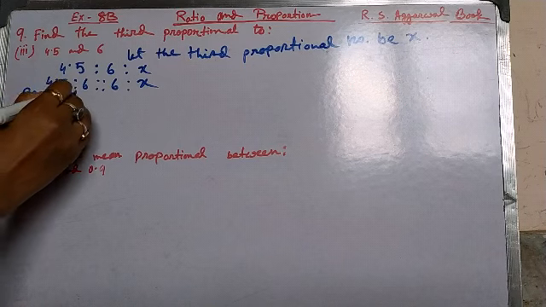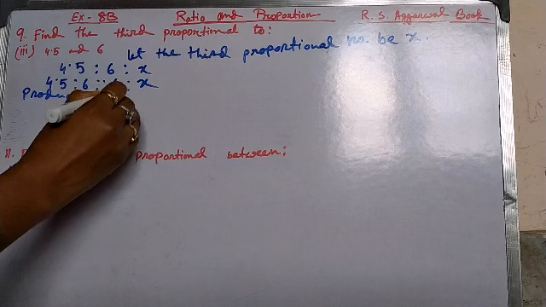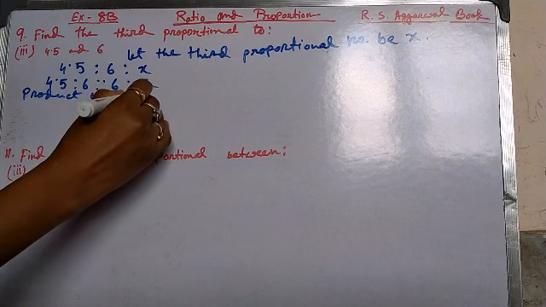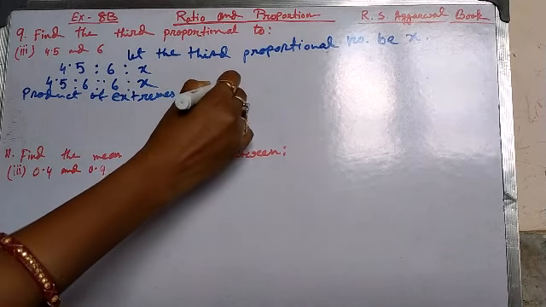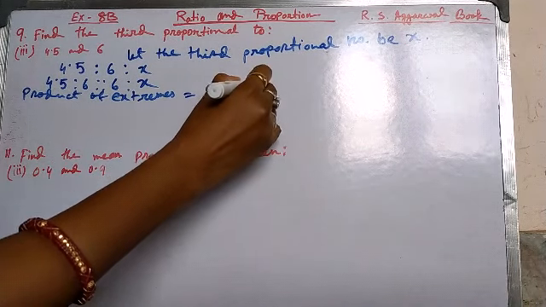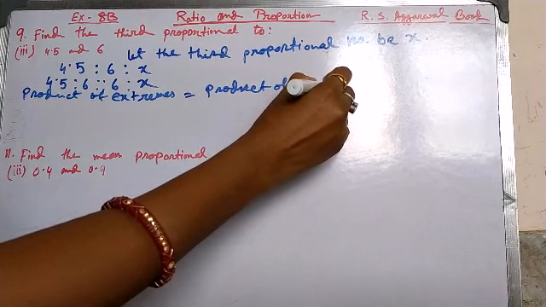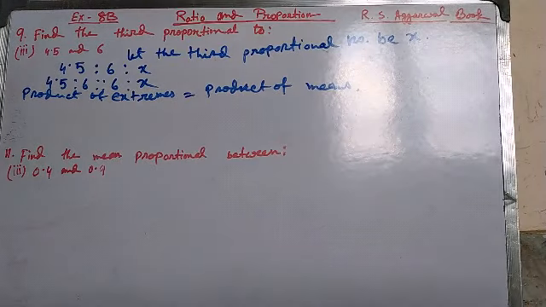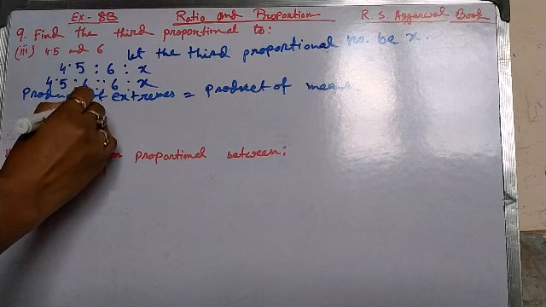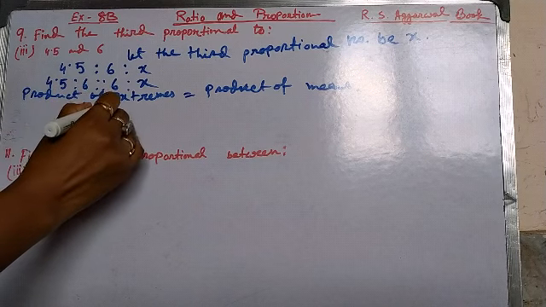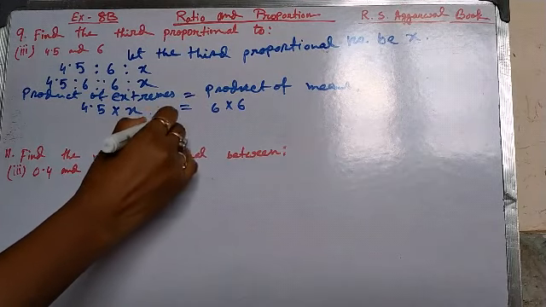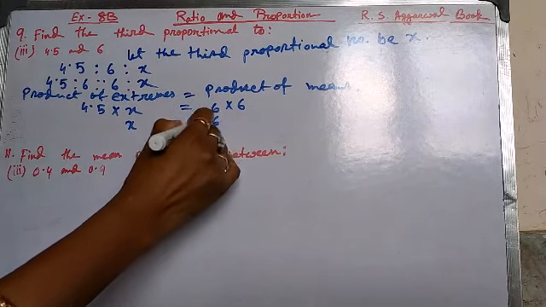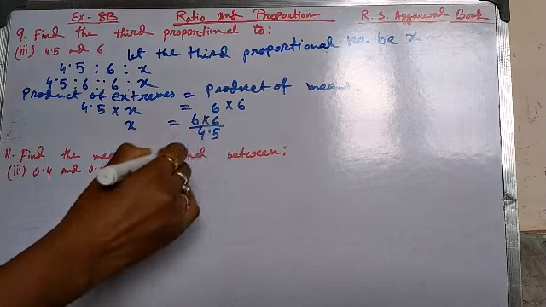So the formula: product of extremes equal to product of means. So product of extremes means 4.5 into x equal to 6 into 6. So x equal to 6 into 6 by 4.5.